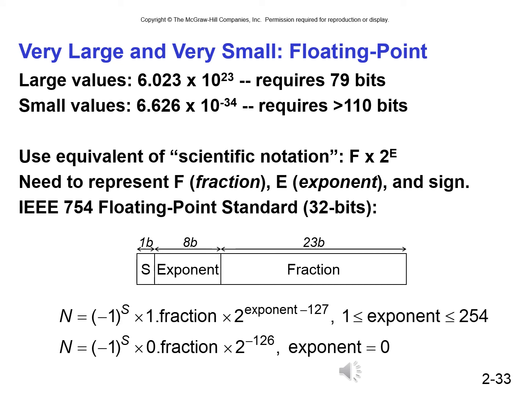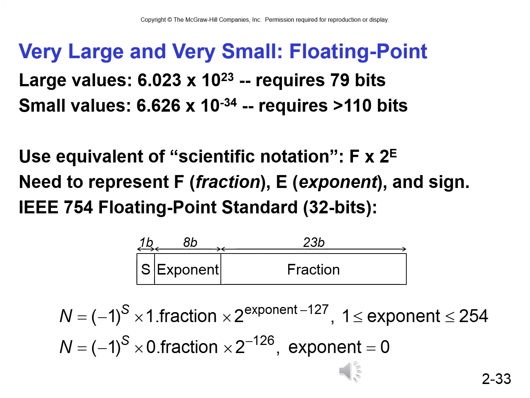So bit number 1, I should say bit number 31, the first bit to the left, is the sign bit. 0 is positive, 1 is negative. Then you have an 8-bit biased exponent, and I'll get to the explanation of bias.